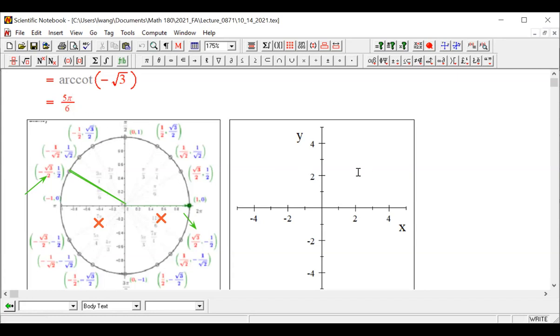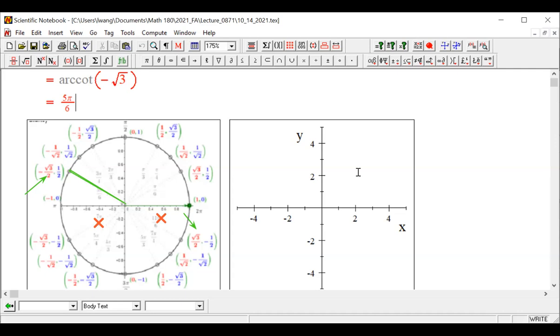In a way, this part is very similar to cosine. Not exactly the same, but very similar. You need to understand that the range of ArcCotangent is from 0 to pi exclusive, excluding 0 and pi.